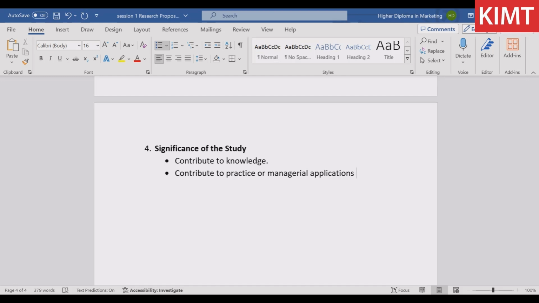In this case, I can say contribution to managerial applications, like most of the hotel sector, human resource managers, banquet managers, even team leaders and supervisors can think how to motivate the employees to commit to the hotel brand, right?